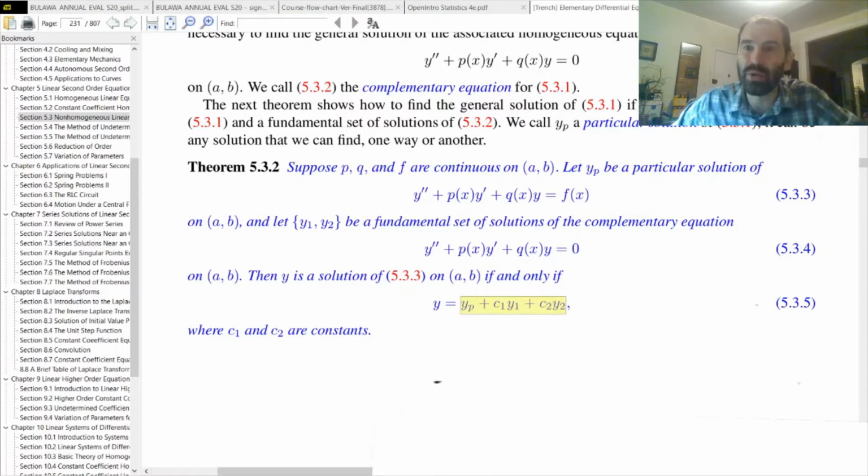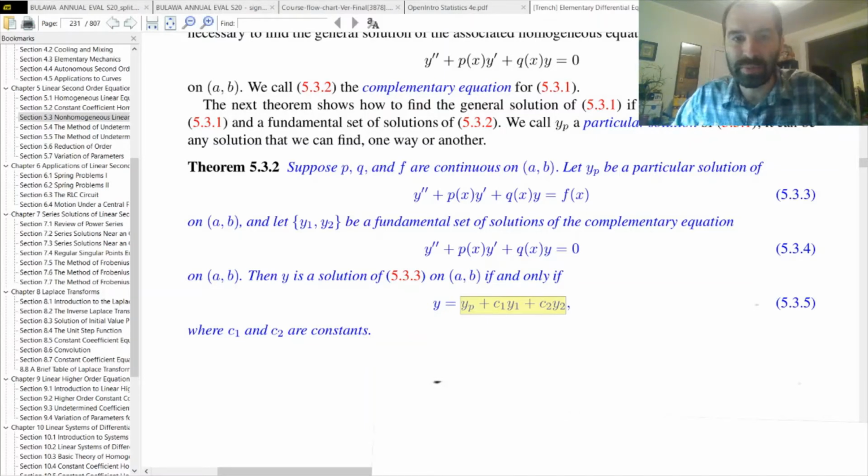So this is how you write down any solution. Take any particular solution, find two linearly independent complementary solutions, and then make this combination. Take the particular plus any linear combination of those solutions, and you have every possible solution that you could ever find. That's what this theorem is giving us.